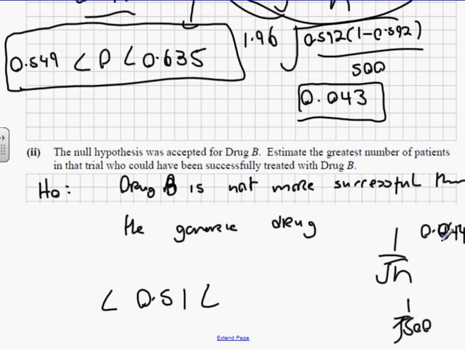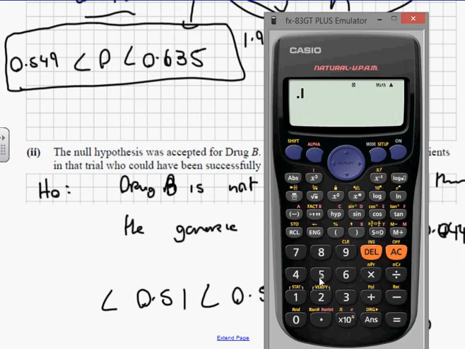Now this 0.044, we're going to add it on to this one here. And what do we get then? 0.554. Everybody happy with that? And then the lower value would be 0.51 take away 0.044.